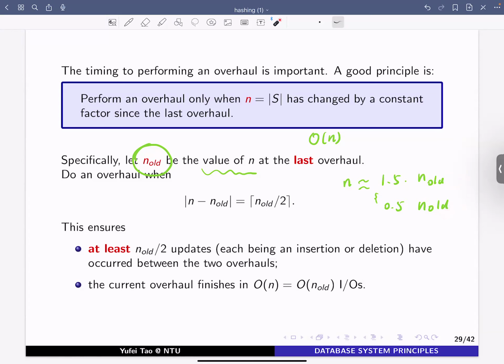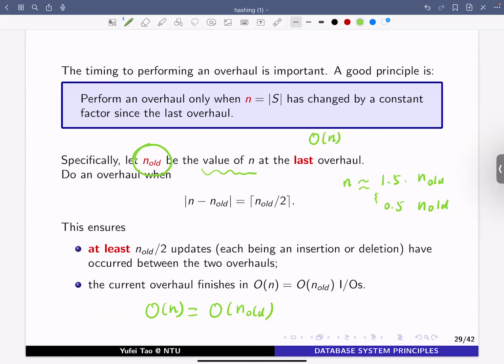All right, the next overhaul, as I said, costs big O of n. But as you can see, this value of n is always within a constant factor, at most 1.5, of NO. Therefore, I can say that this big O of n is just big O of NO up to a constant factor, maybe somewhere like 2.